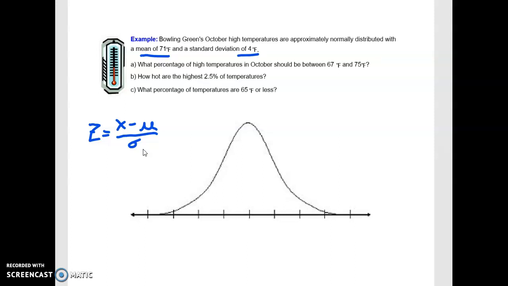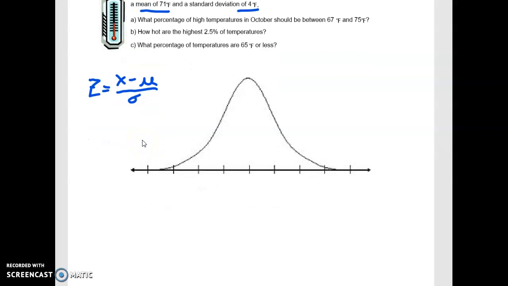Your mean goes right here. This is 71. And then we just simply add and subtract the standard deviation of 4. Now, remember that in the normal distribution, this is 0, this is plus 1, this is plus 2, this is plus 3.